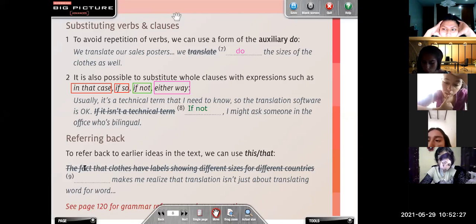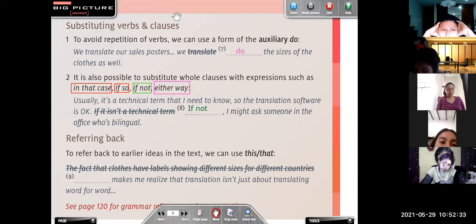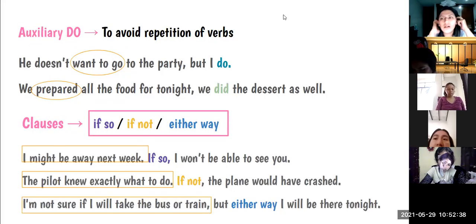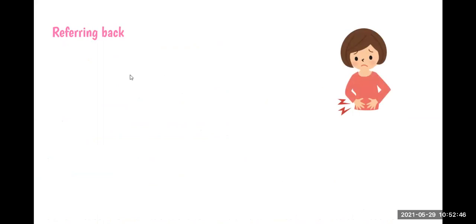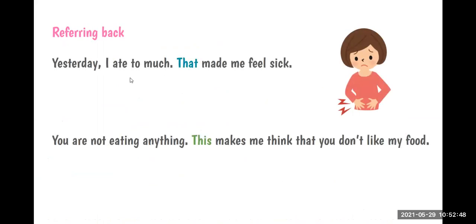It says, I forgot to show you this on the pictures, but then I'm going to show you. Let me show you. So we can also use this and that when we are referring back. What does it mean? For example, yesterday I ate too much.